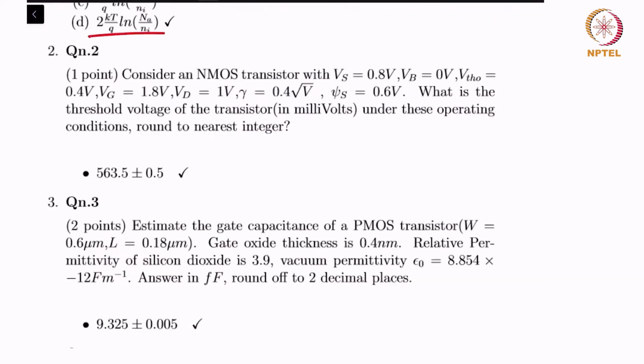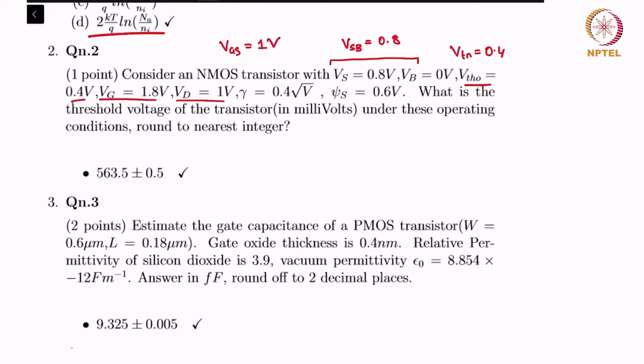In the second question, we are given for an NMOS transistor VSB is equal to 0.8 volt and VTH naught is 0.4 volt, and the VG is at 1.8, but since the VS is also at 0.8, we have VGS equal to 1 volt.